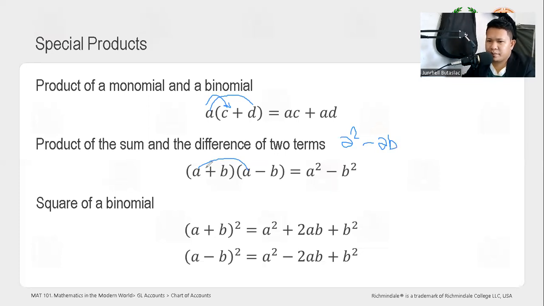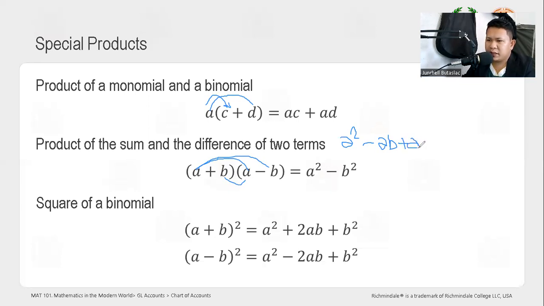You have to distribute first, using the FOIL method: first, inner, outer, and last. Next is b. B times a is positive ab.